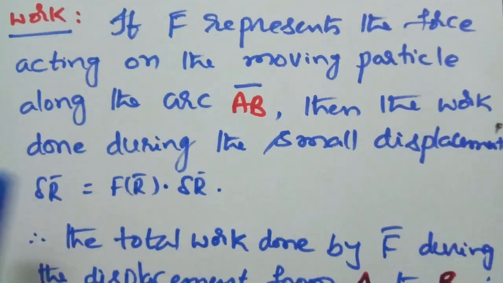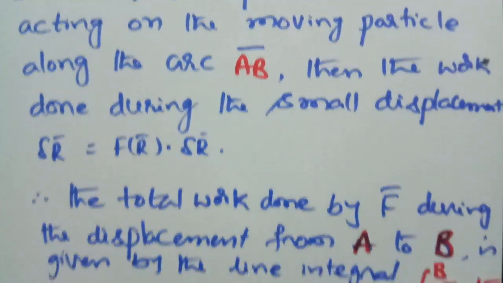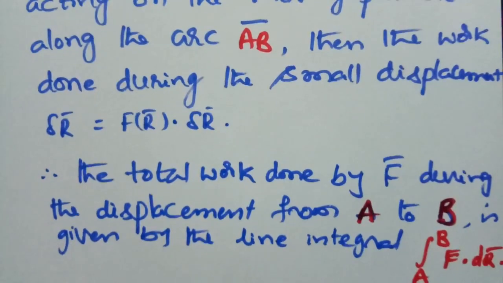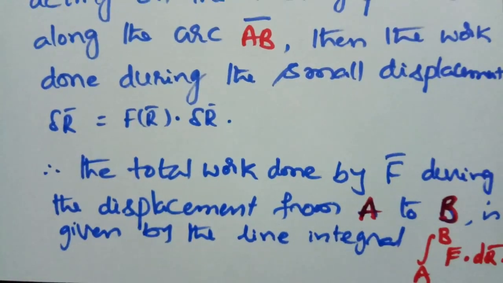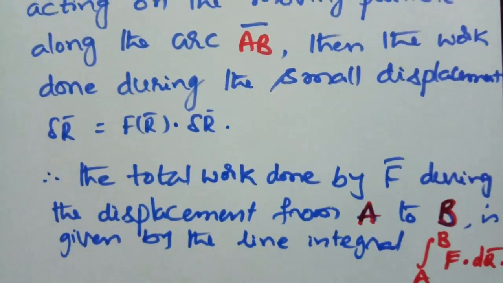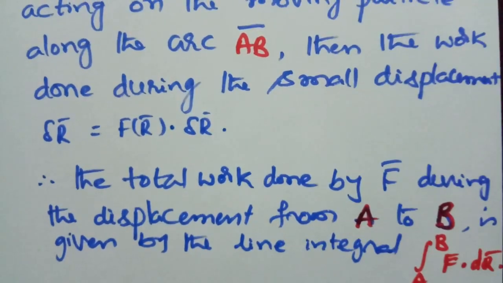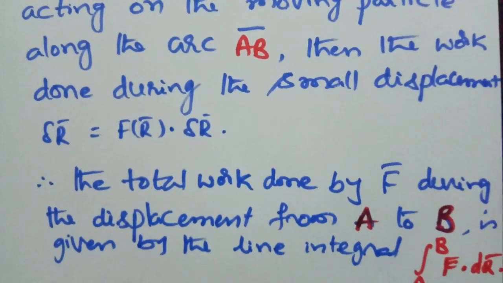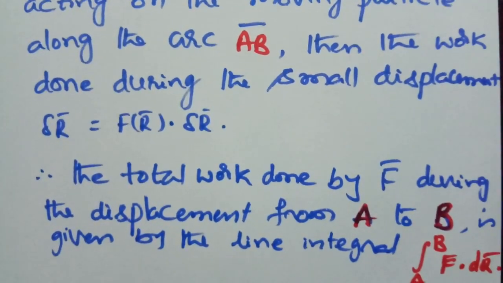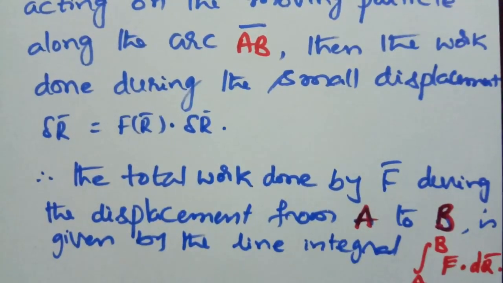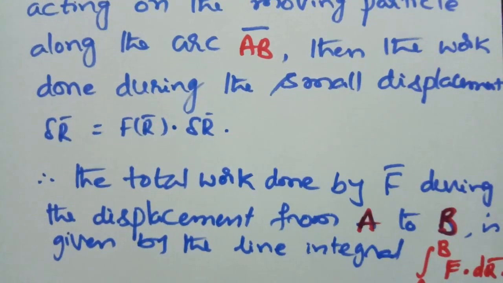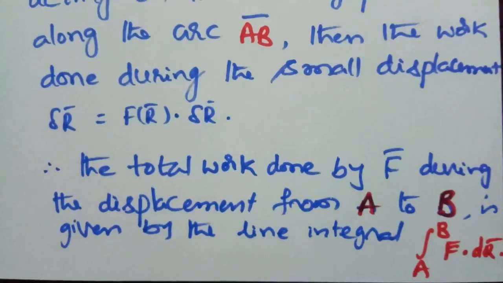These elementary works done can be added, so we get the total work done by F bar during the displacement from A to B, which is given by the line integral from A to B of F bar dot dr bar.